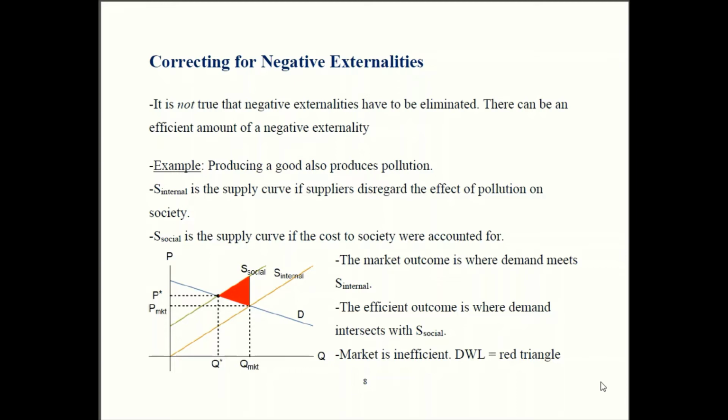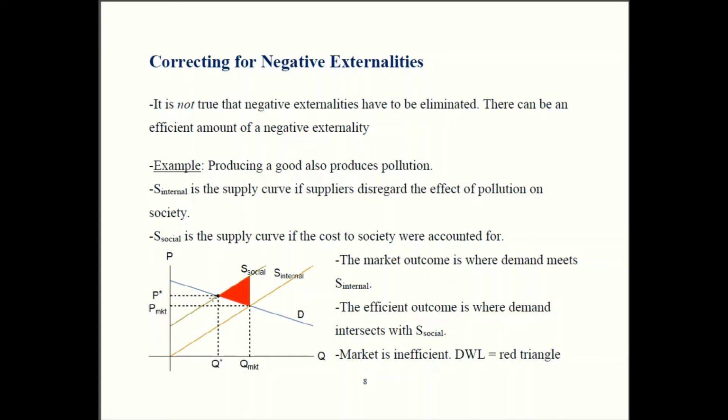Now, this also illustrates the point I made earlier. Just because a good has negative externalities does not mean you should ban it. The efficient quantity of this good is not zero. You should not ban pollution. There are some levels of the good where the benefits, so people's willingness to pay for it, exceed the cost to society.